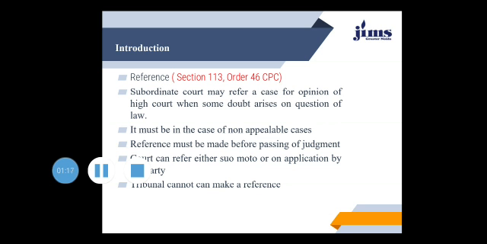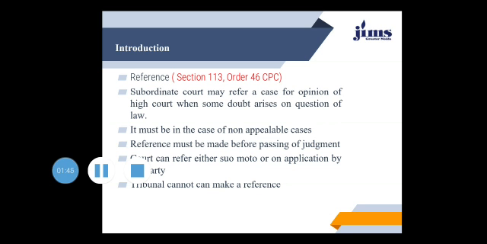The court in relation to Section 113 means a court having original civil jurisdiction. A reference can be made only where a question of law or validity of any act or ordinance or of any provisions of the act is involved, and can be sought only in a pending suit, appeal, or other proceedings.